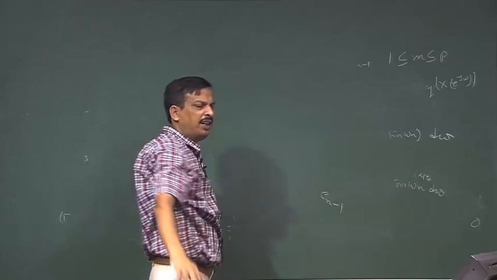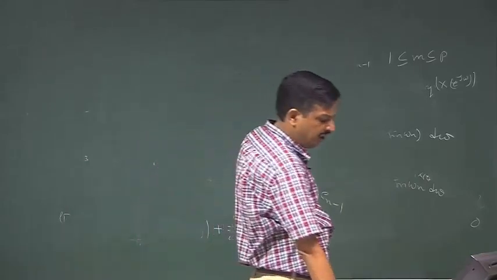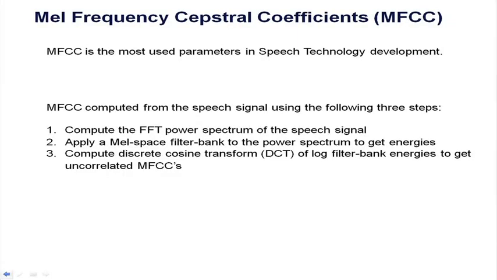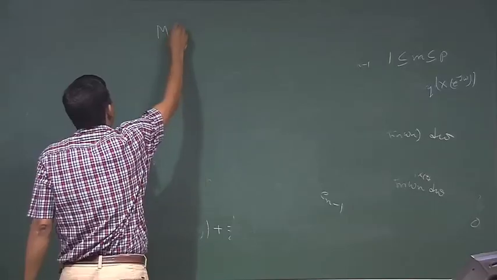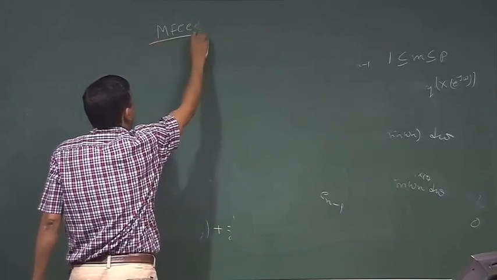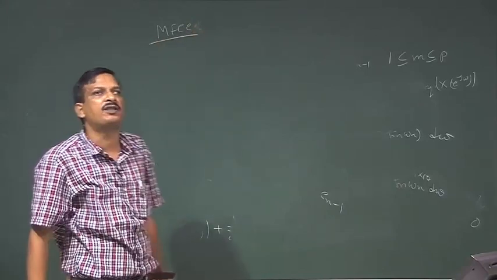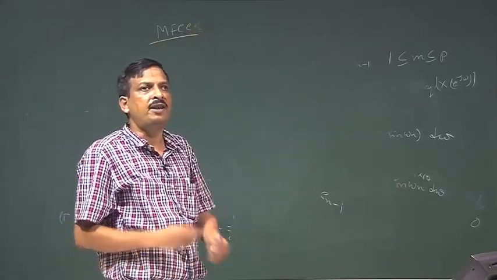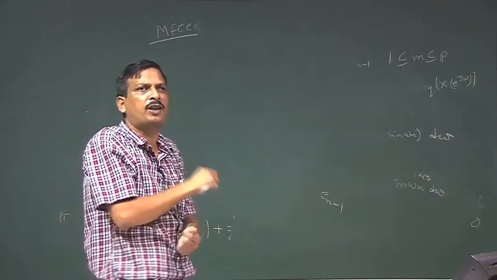There is a lot of information in the slide. I am not going into the details of the slides; I just give you the gist. Mel frequency Cepstral coefficient, MFCC, is popularly known as the most used parameter in speech applications.